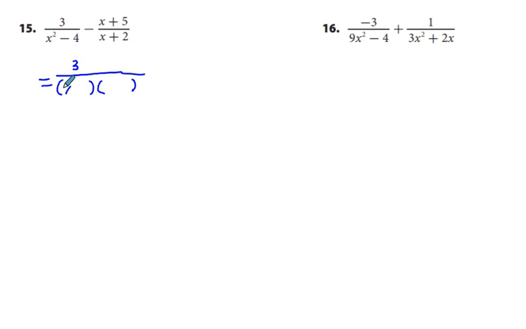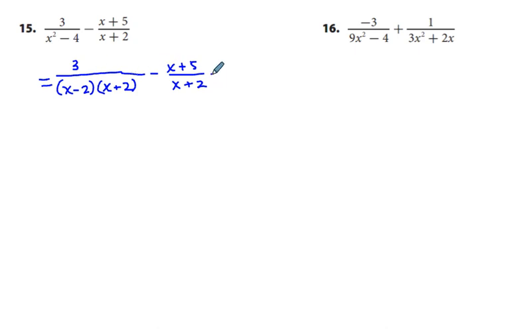And so we're going to have x minus 2, x plus 2. The square root of x squared is x, plus or minus the square root of 4 is 2. And then we're going to have minus x plus 5 over x plus 2. Now, can you see what we can do to get a common denominator between these two fractions separated by the minus sign?